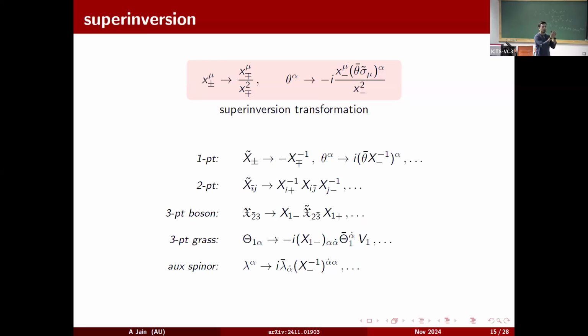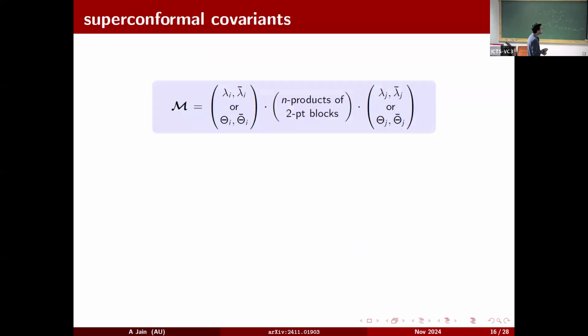And I do this appropriately so that after superinversion, all these factors are cancelled by each other. For example, I'll take 1 bar 2, which would give me a 2 minus here. And on the other one, if I take a 2 bar 3, it would cancel with this one. So the x factors would cancel out. So I build all the objects that I can build here.